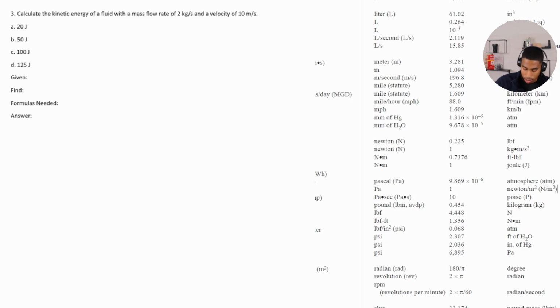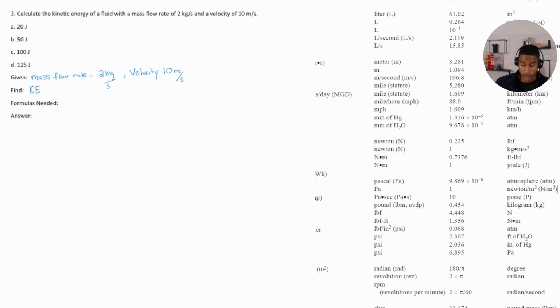All right, so given mass flow rate 2 kg, and we're given the velocity of 10 meters per second. We want to find the kinetic energy of the fluid.